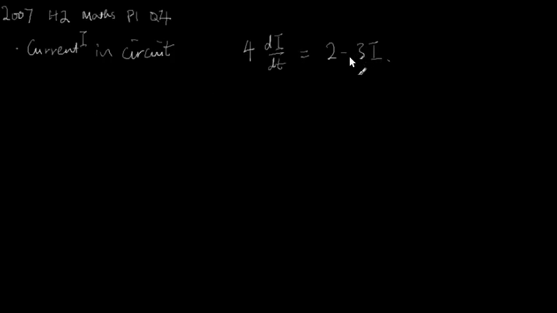I can cross multiply those two terms, 4 and this whole thing. And I can bring dt over to the other side as well. So I'll get dI, 2 minus 3I comes down here, dt goes up here, 4 comes down there, like this.